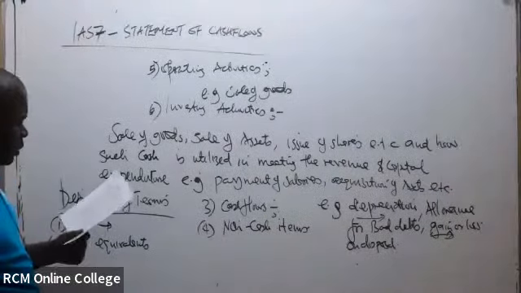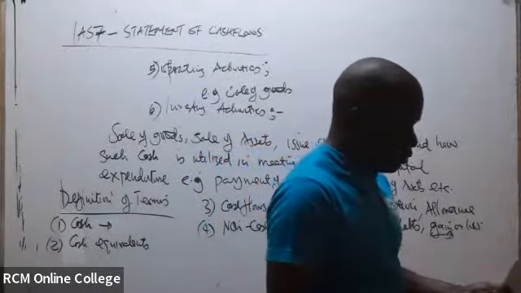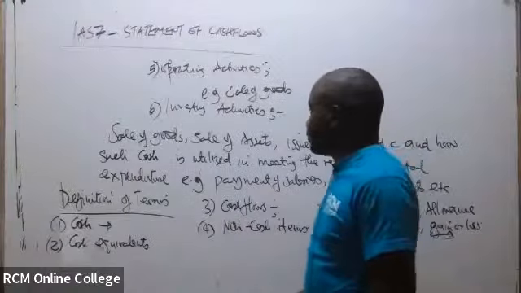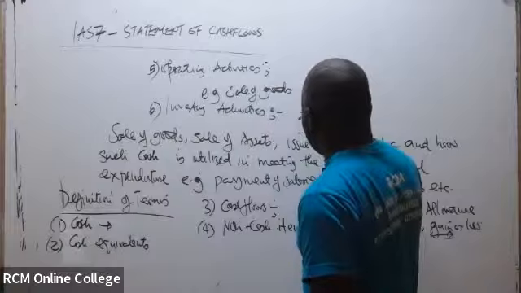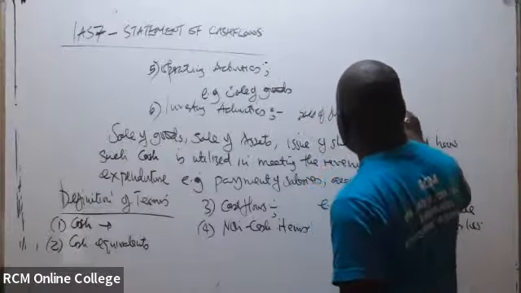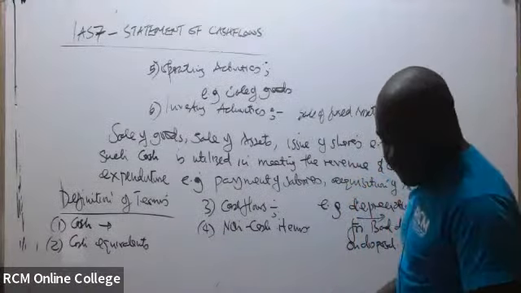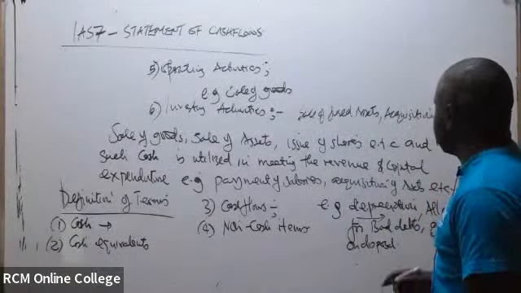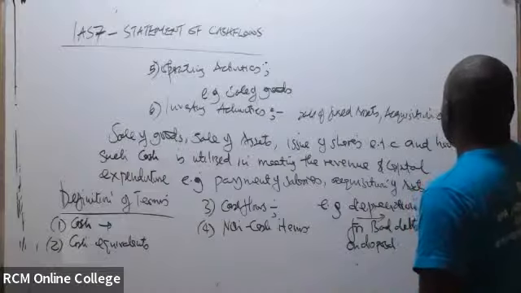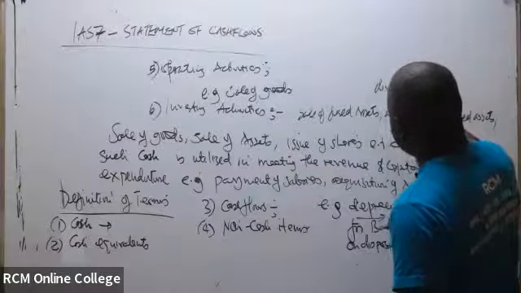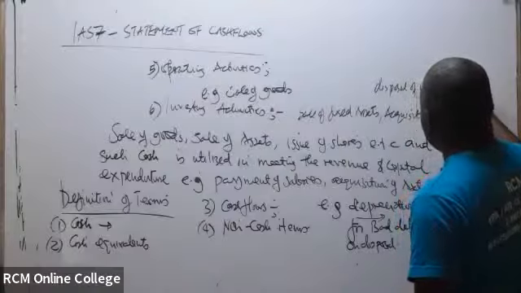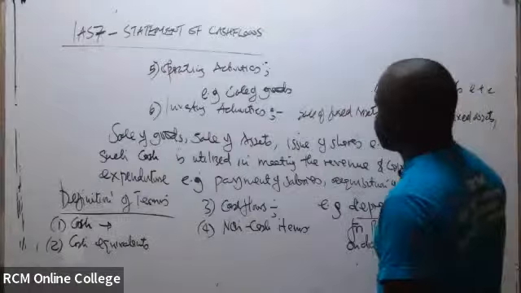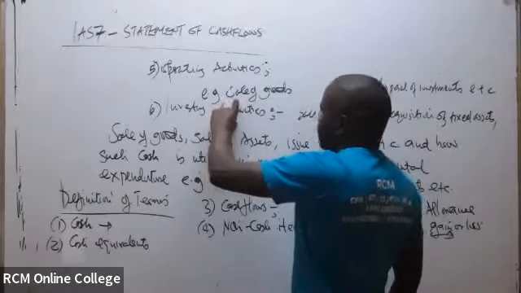These are activities that involve sale of fixed assets, acquisition of fixed assets, disposal of investments, etc. So we call those kinds of activities investing activities.